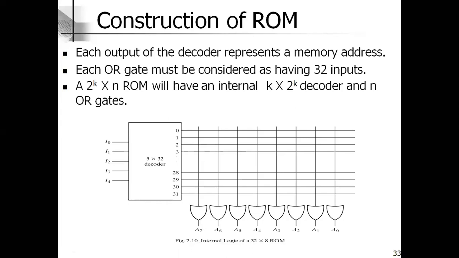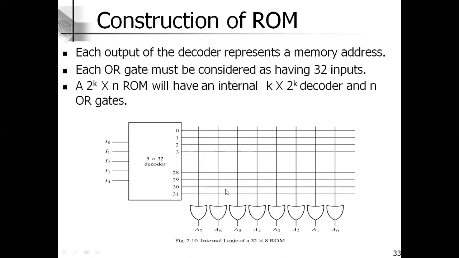So here our inputs will be connected to the OR gate. Since each OR gate has how many connections? 32 input connections. Each OR gate has 32 input connections and there are 8 OR gates.